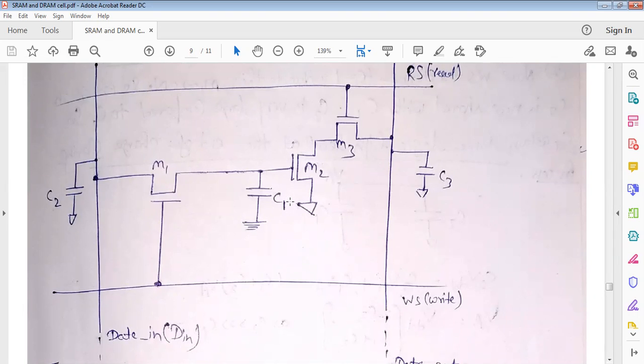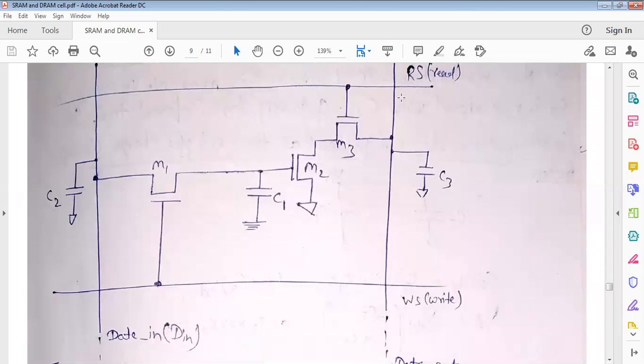Whatever voltage is at C1 signifies whether logic 1 or 0 is stored in this cell. C2 signifies the capacitance associated with this column, and C3 signifies the capacitance associated with this column.